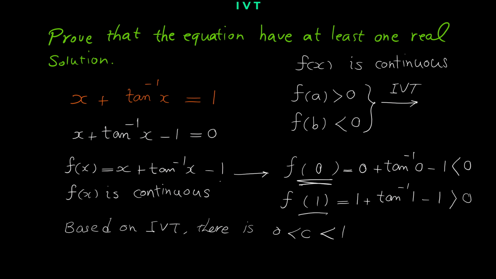Because the numbers that we chose here are 0 and 1. Maybe you choose other numbers, so then c would be between those numbers. But in my solution, I chose 0 and 1, so c is between 0 and 1. So there is a number c between 0 and 1 that makes f equal to 0. And this is based on the intermediate value theorem.